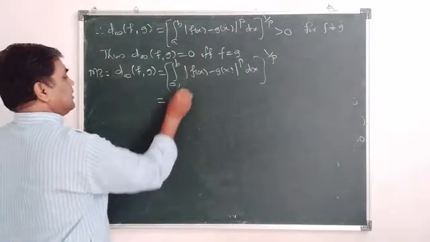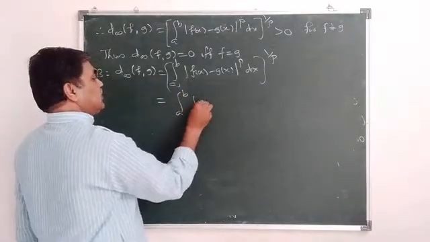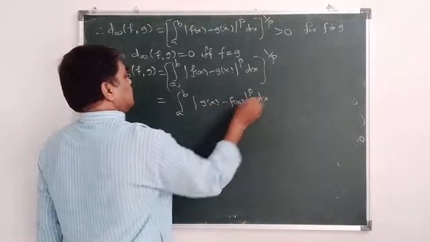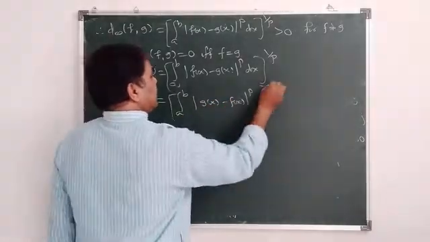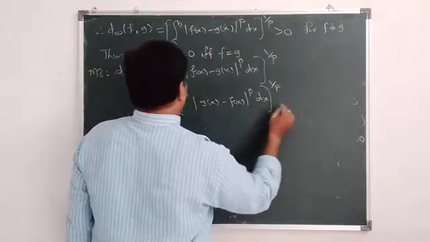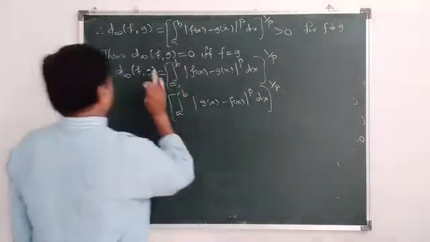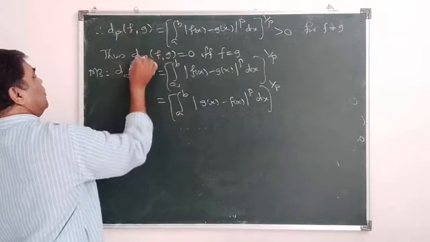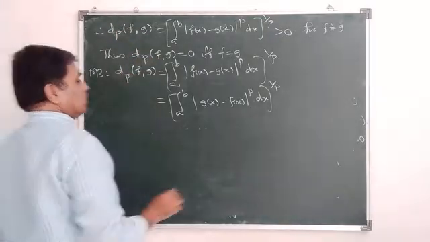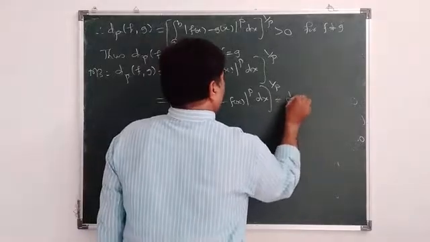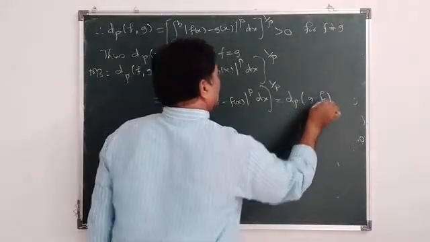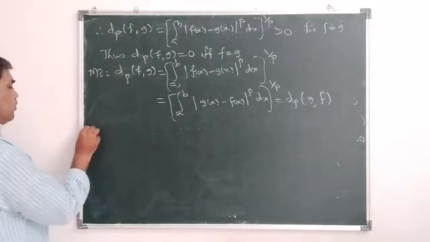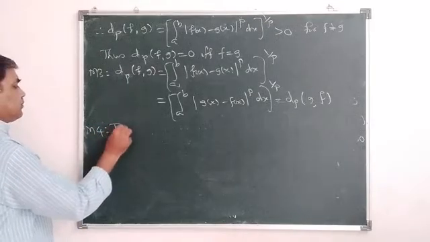So I can write this as the integral of a to b of mod g(x) minus f(x) to the power p dx, whole thing raised to 1 by p, which is nothing but, by definition of d_p, d_p of (g,f). So that is the symmetry axiom.